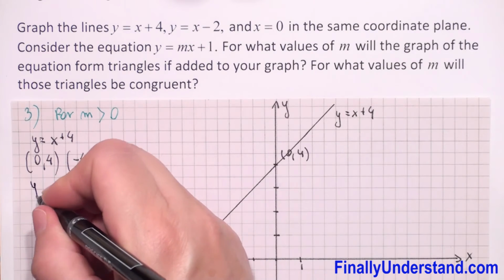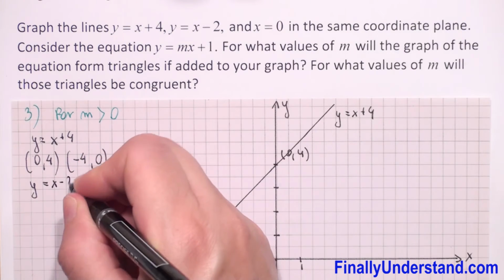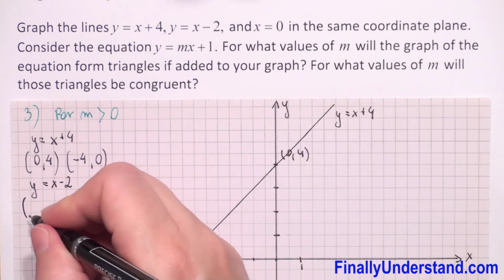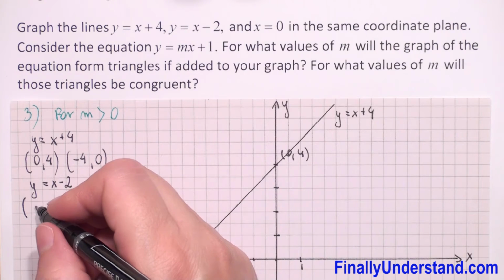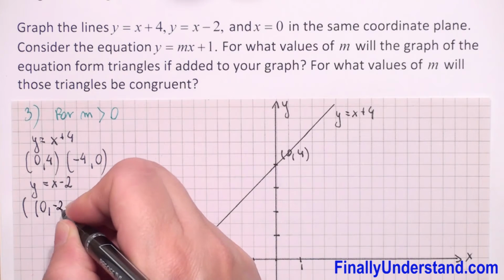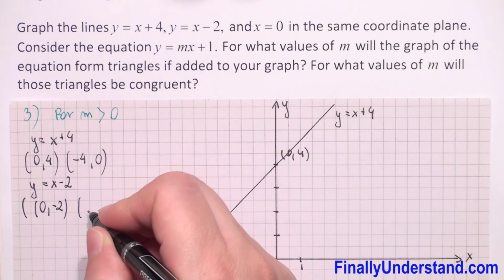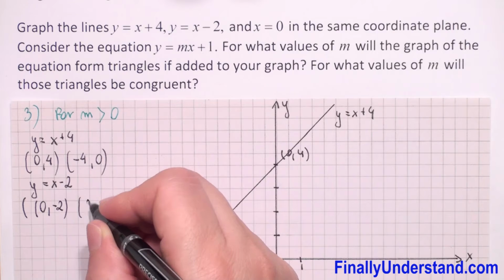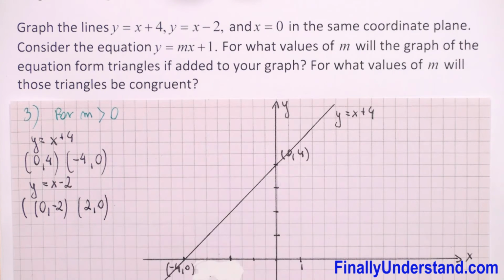The second line is y equals x minus 2. And the first point is 0, negative 2, and the second point is 2, 0.